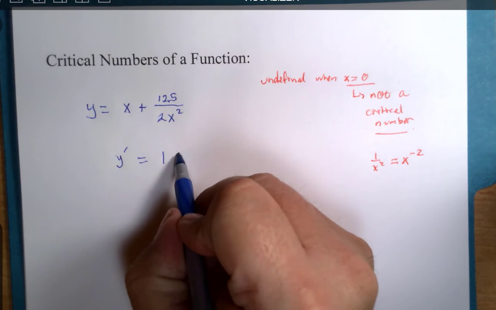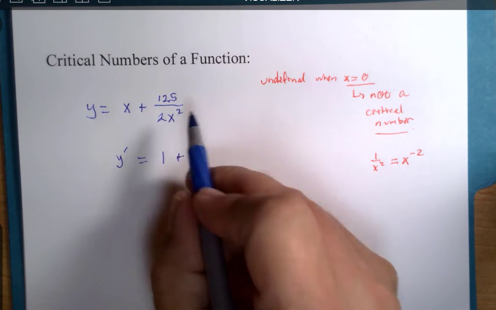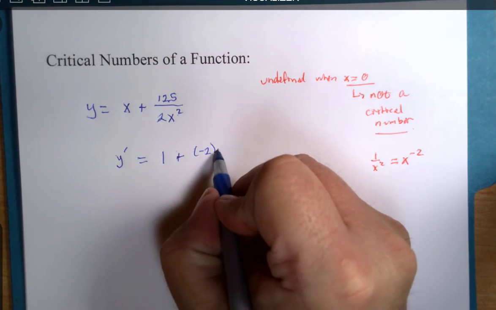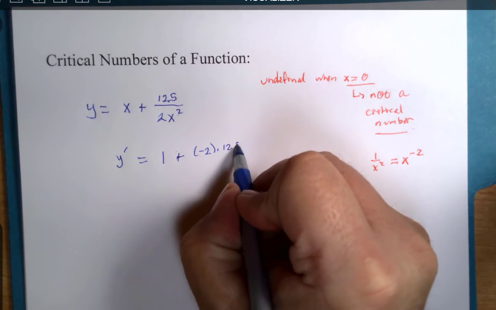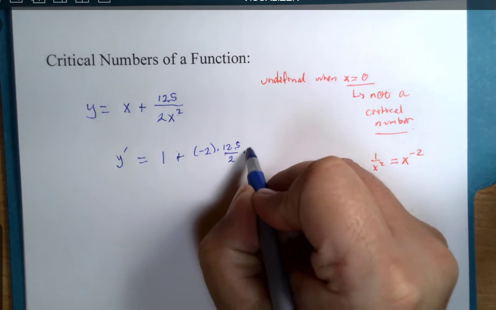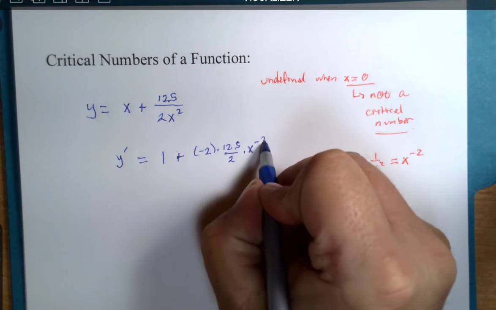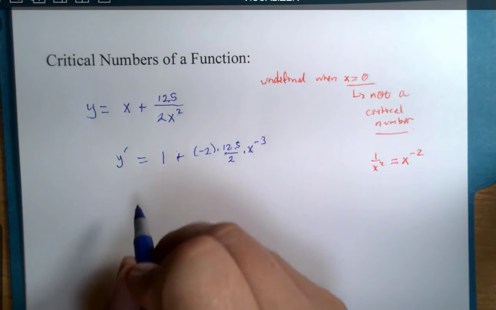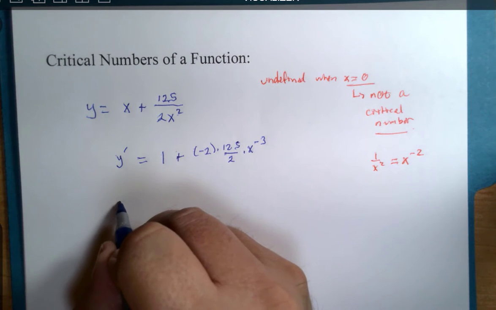So I get plus the exponent negative 2 multiplied by 125 divided by 2 times x to the now negative third power. We see a nice little reduction here, almost like it was planned.